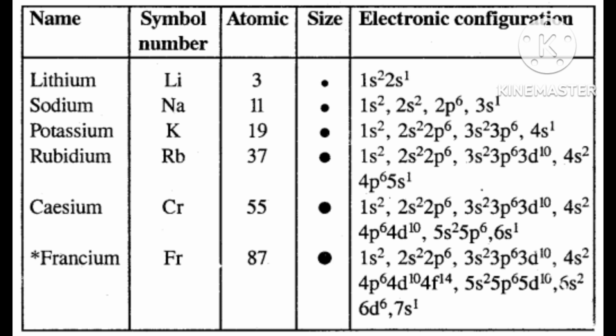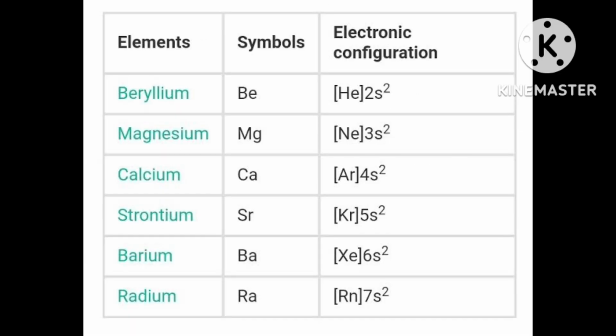And other, due to the screening effect, a little farther orbits will open, then they will be far from the nucleus, then the nucleus effect will be less on the last orbit electrons. Then here I told you lithium is greater than sodium, sodium is greater than potassium, potassium is greater than rubidium, rubidium is greater than cesium.